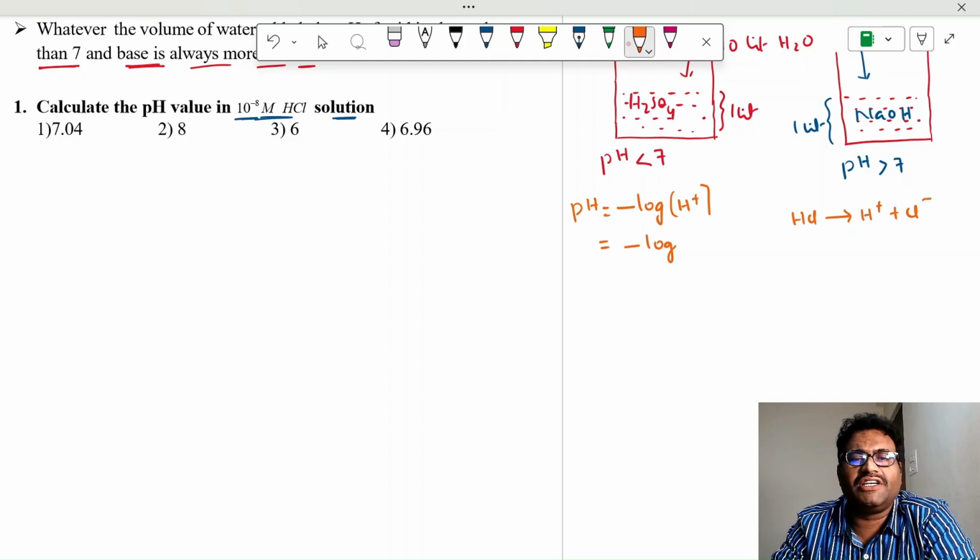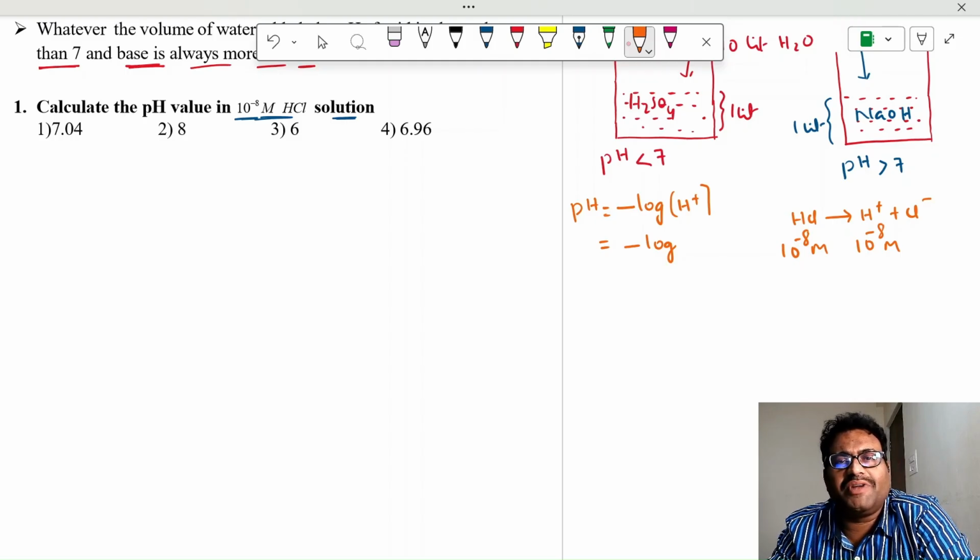For a strong acid, 1 mole of HCl gives 1 mole of H plus, so 10 power minus 8 moles gives 10 power minus 8 moles of H plus.